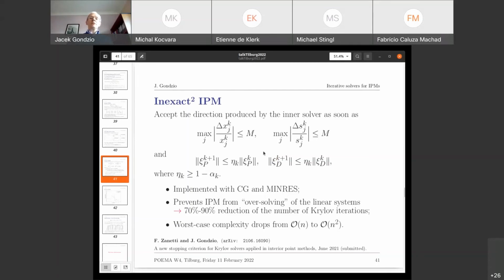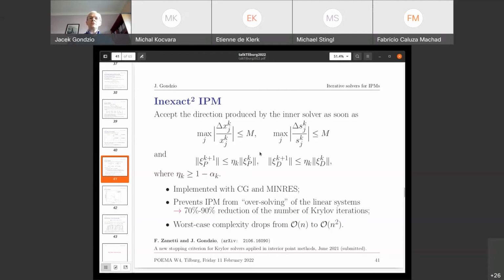By the way, we analyzed what happens to the complexity of the interior point method in such a situation. The complexity drops. It drops from O of n for the large step method to O of n squared. Okay, that's bad news. We will have an algorithm which theoretically may behave less well.